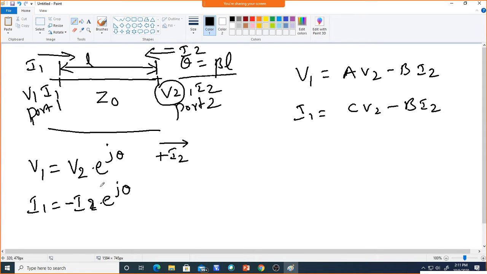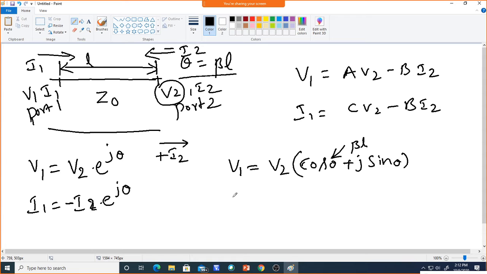Now we can represent this in terms of ABCD parameters, which will be given by V1 equal to V2 into cos theta plus j sin theta, where theta, as already mentioned, is equal to beta L. Now I1 equals minus I2 into cos theta plus j sin theta.